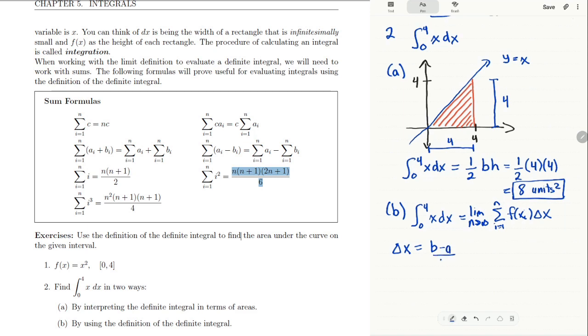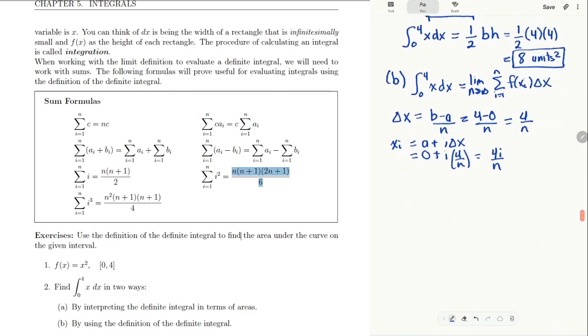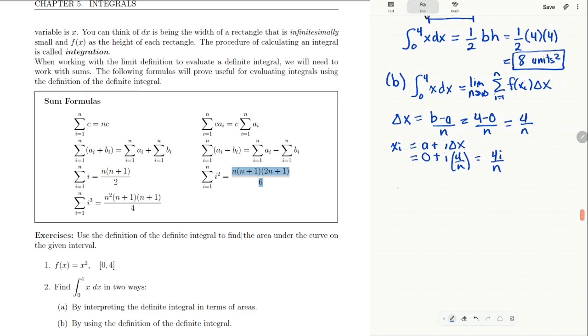This is b minus a over n, so 4 minus 0 divided by n, which is 4 over n. xi is a plus i times delta x, which is 0 plus i times 4 over n, so that is 4i divided by n. Now f of xi is f of 4i over n, so we substitute this into the function y equals x, and this gives us 4i over n.